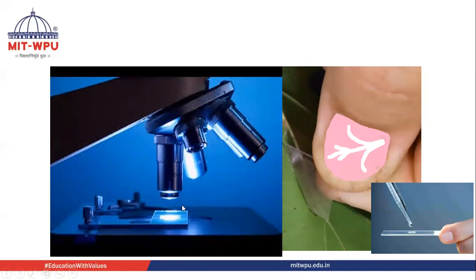Here I have shown that under the microscope I am observing; this is the stage where I have kept this slide. And you can also keep the cover slip over it. And if the leaf is dry, then we have to add water, boil it, and then we can peel it out. But fresh leaves give a good result.